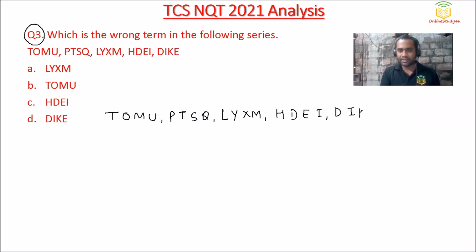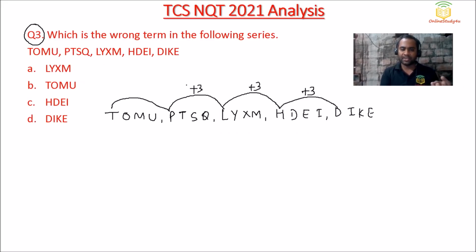So friends, let us start from here. All the first letters will have a combination between them. D E F G, so plus 3, H I J K plus 3, L M N O P plus 3, P Q R S T, so it is plus 3.